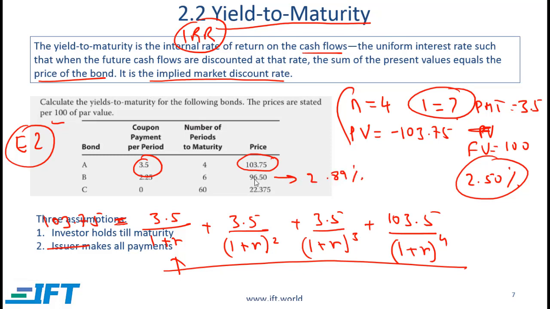This is a discount bond, so the market rate is higher than the coupon rate. And bond C is clearly a discount bond. In fact, it is a pure discount bond or a zero coupon bond. And here the rate is going to be 2.53%.